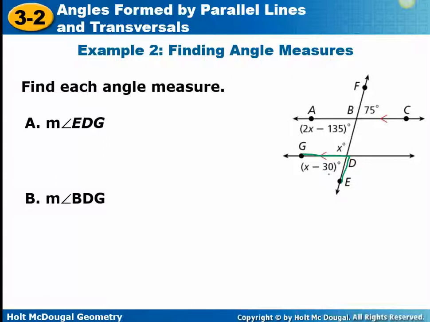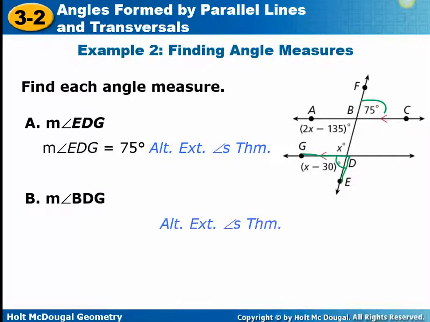Well, I could use alternate exterior angles because it is an alternate exterior angle with angle FBC. So that means that x minus 30 is going to be equal to 75. And that's all I need to know. I don't even have to find x because they just wanted to know that it's equal to 75 degrees.